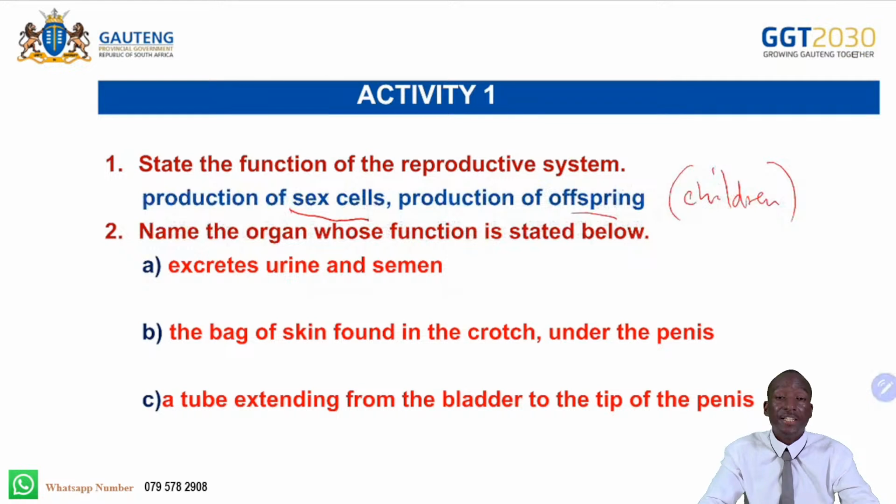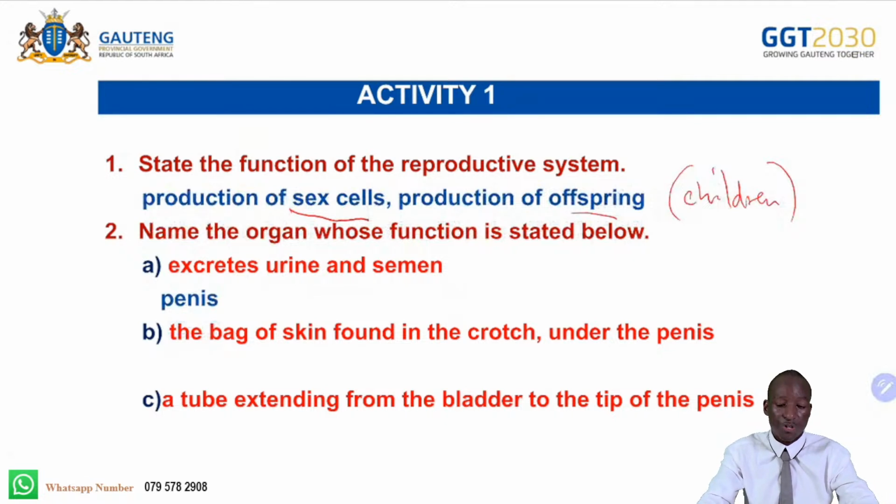Number 2 says name the organ whose function is stated below. A says the one which excretes urine and semen. This one is the penis.